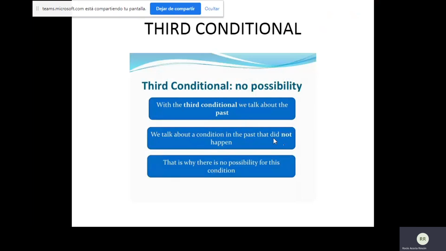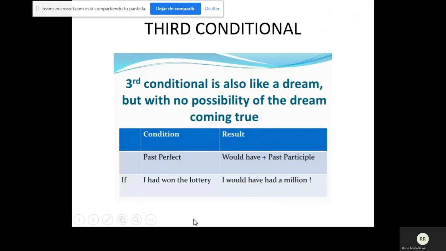It's hypothetical in terms of imagination, but it's not possible at all. And that's why there is no possibility for this condition to happen. Now, the third conditional is also like a dream, but with no possibility for a dream coming true. A dream, but not possible.